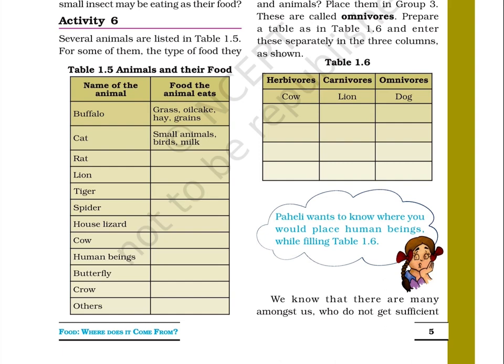There are two columns: name of the animal and food the animal eats. Buffalo eats grass, oil cake, hay, grains. Cat eats small animals, birds, milk.